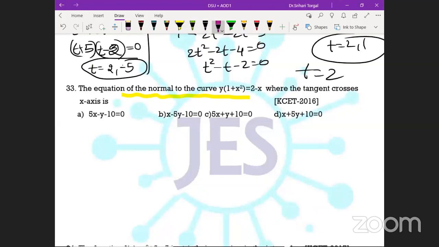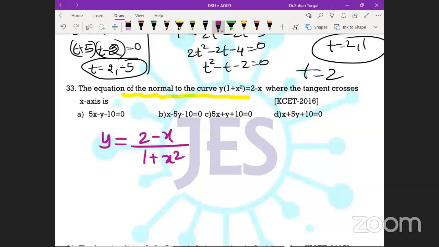Now, let me take the y value like this: y = (2 − x)/(1 + x²).